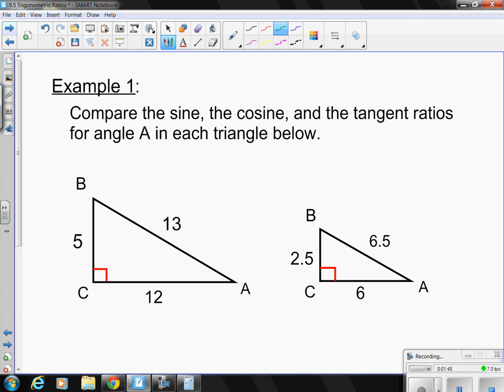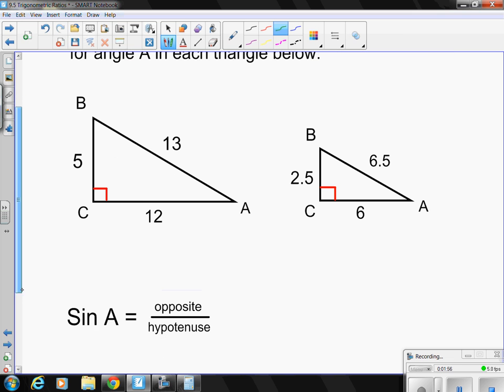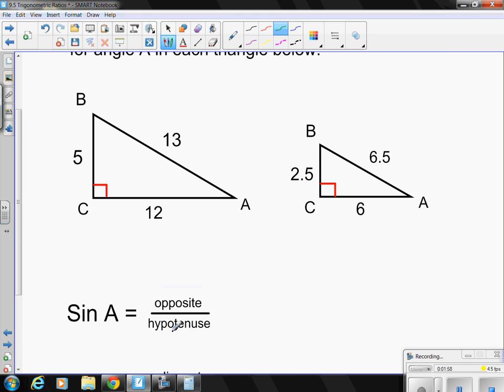So our first example is compare the sine, cosine, and tangent ratios for angle A in each triangle below. Sine A is the opposite over hypotenuse. So the opposite side for triangle ABC, the opposite of angle A, is 5.